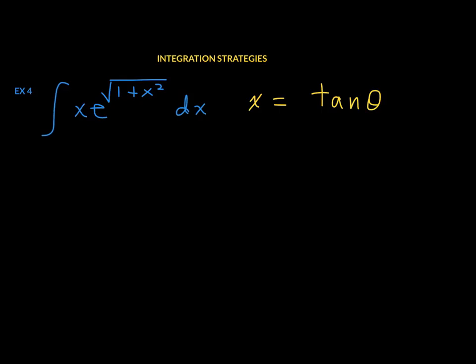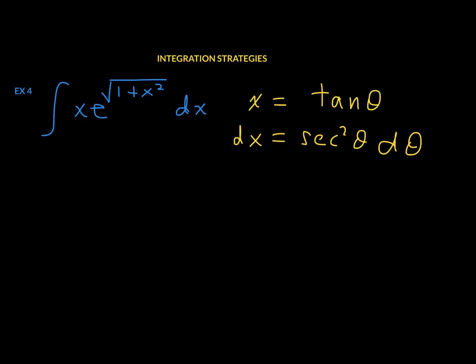Okay, so if this is my trig substitution, then, well, there's a lot to be said here. All right, dx, the derivative of x with respect to theta will be secant squared of theta d theta.